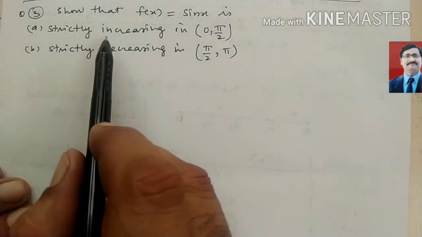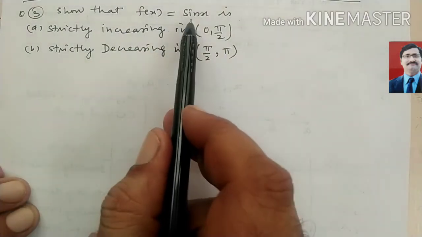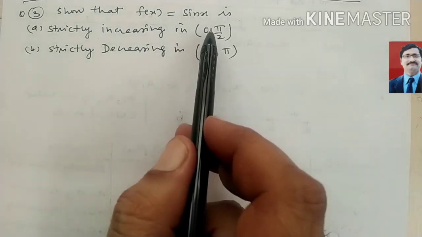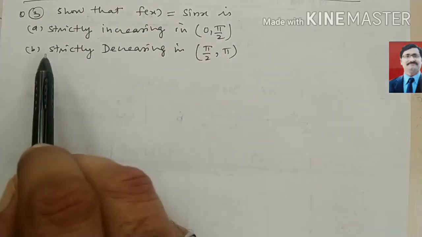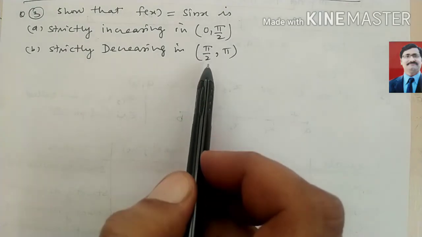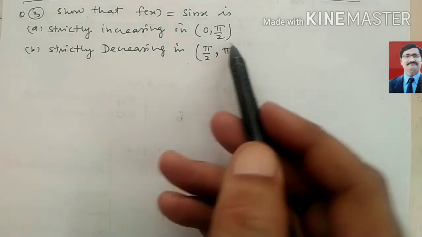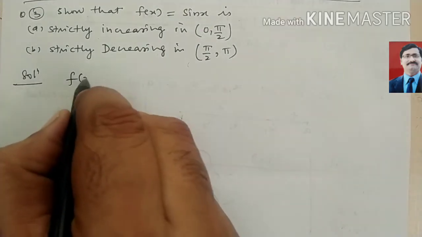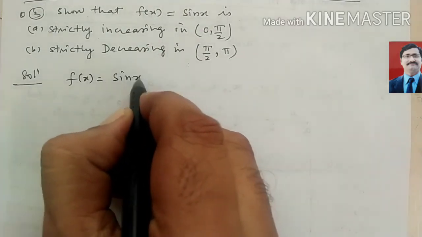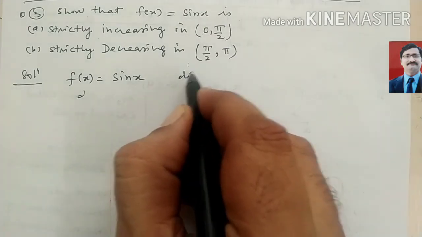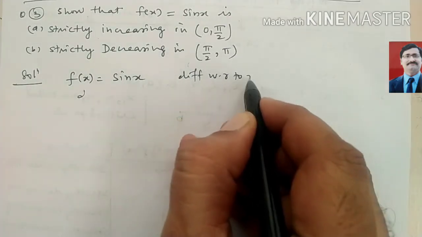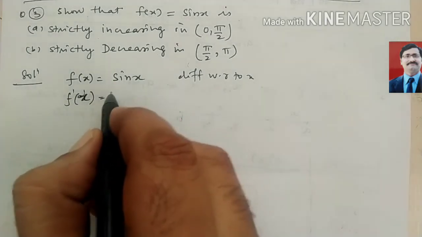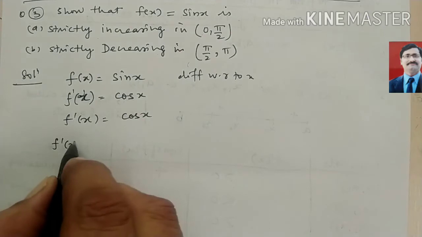Look here, question number 3 is, we have to show that f(x) equal to sin x is strictly increasing in the open interval 0 to pi by 2 and strictly decreasing in pi by 2 to pi. This is an open interval. Now for the first function we take, in the solution you can write, the function is f(x) equal to sin x. This you differentiate with respect to x. What we get, f dash x equal to cos x.